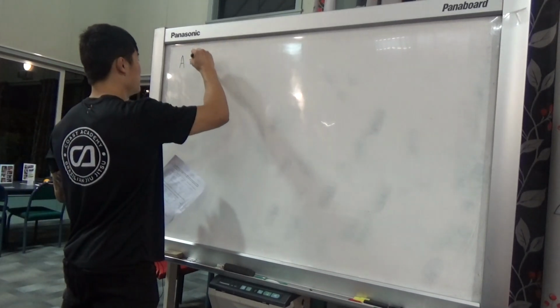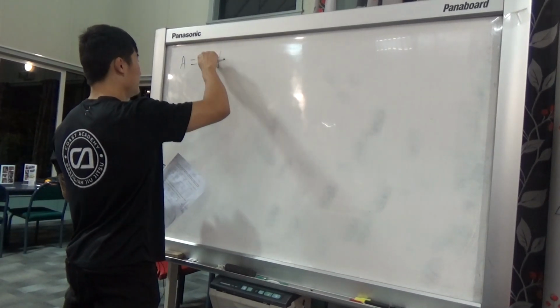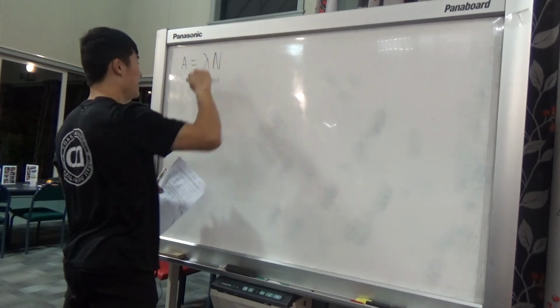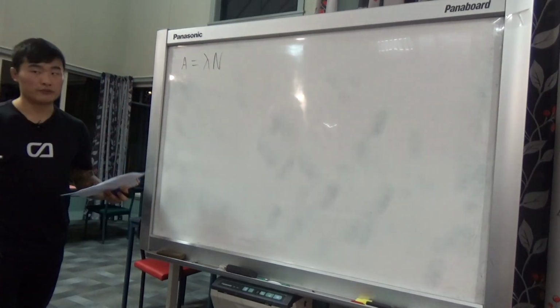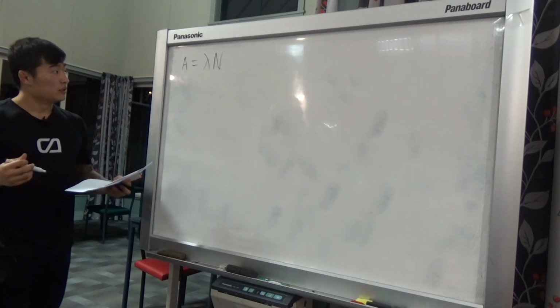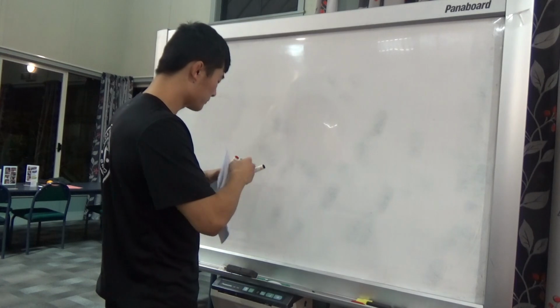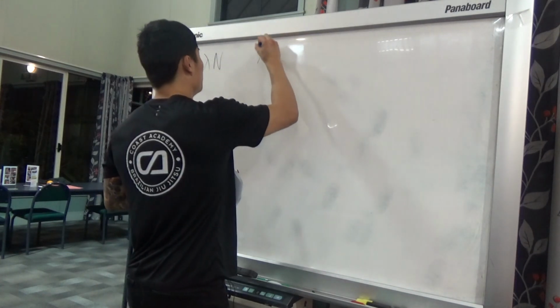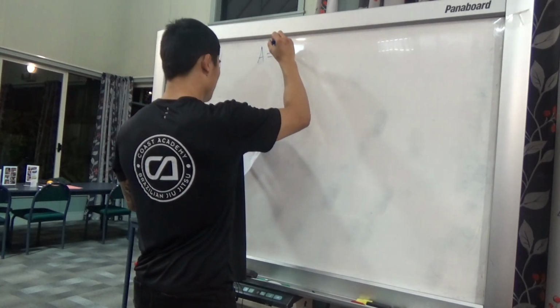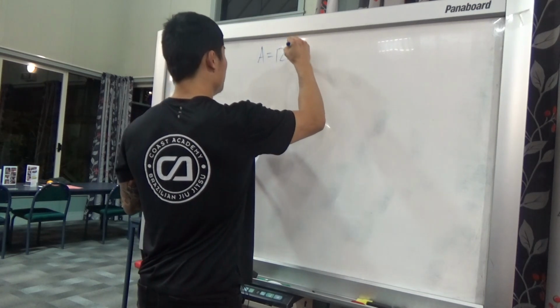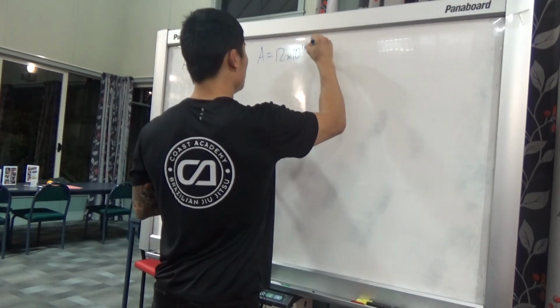So we're going to use this equation. Activity is equal to the decay constant multiplied by the number of molecules. We know that the activity is equal to 12 times 10 to the power of 16 becquerels.